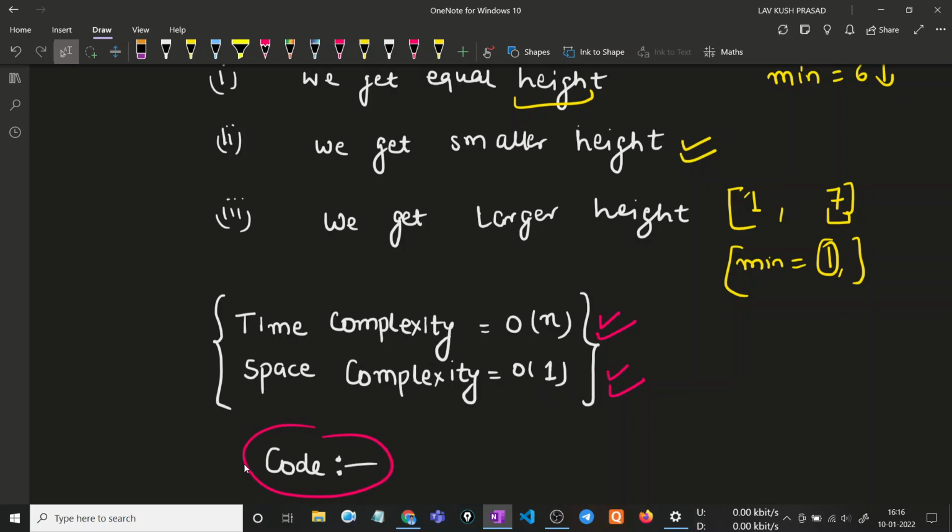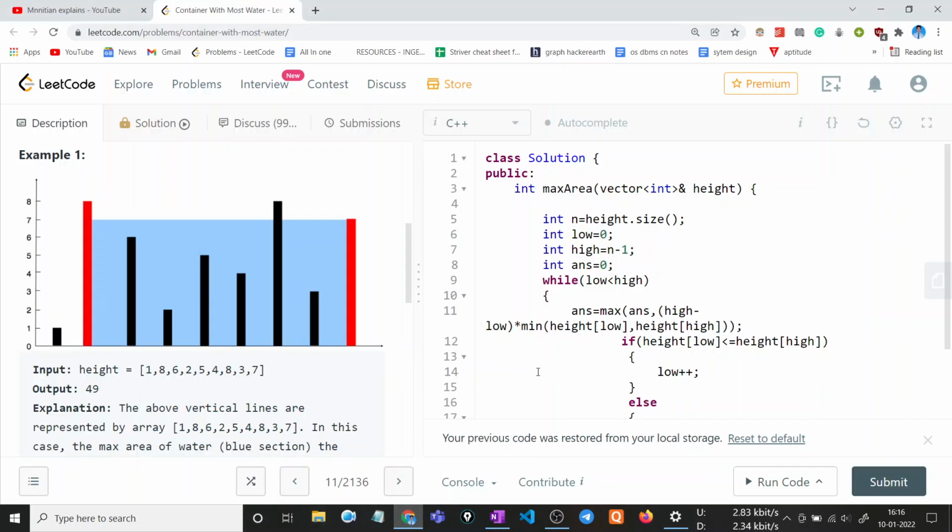So let's discuss the code here. The code is very simple. In this code we take n, which denotes the size of the given array, and initialize low with 0 and high with length minus 1.